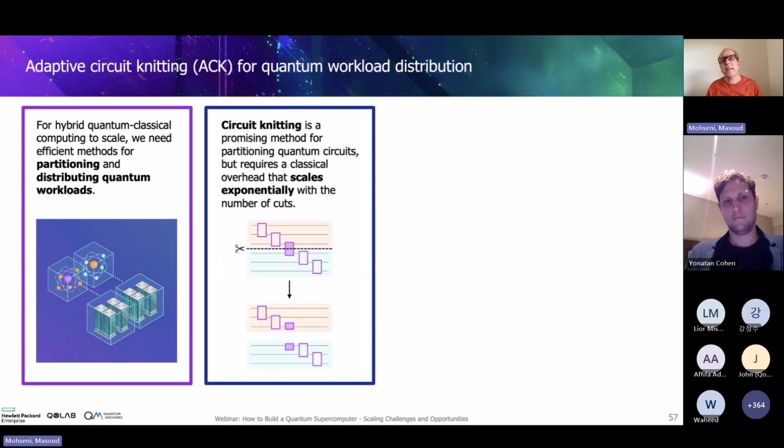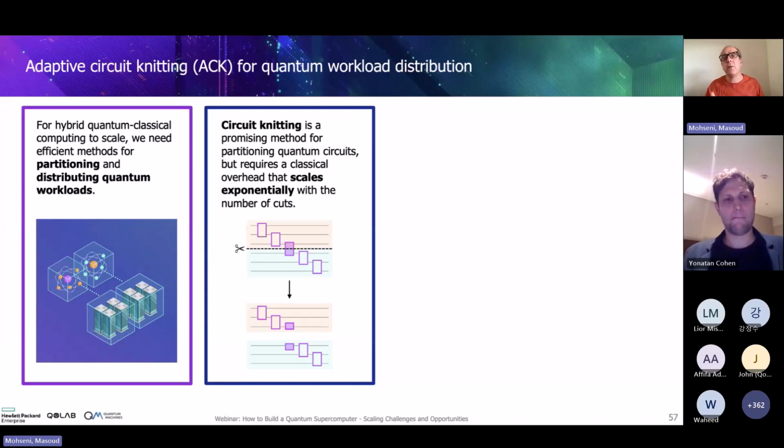There's a technique known as circuit knitting, which involves a cutting and knitting procedure. The cutting is that you look for a place to identify two sub-circuits such that a minimal number of two-qubit gates has to be cut or severed.